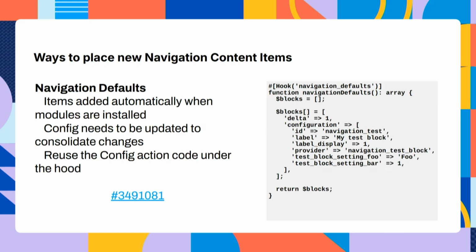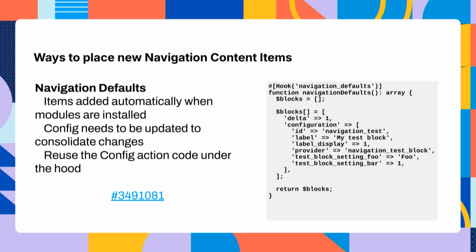The other thing that we have is that there are modules that, when you enable the module, automatically want to place a block. And then you can remove it, but you can do that. So we have a navigation defaults hook that basically you define an array with the same information that you did for the config action, because it reuses the same code. That's a very nice way to reuse all the logic made before to give the ability.